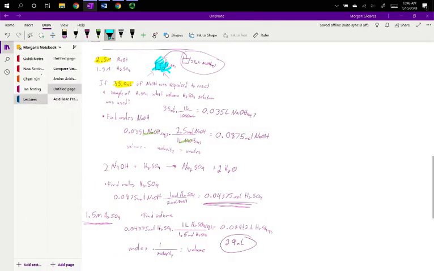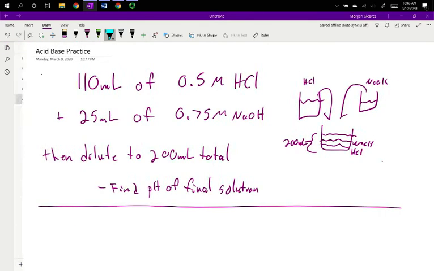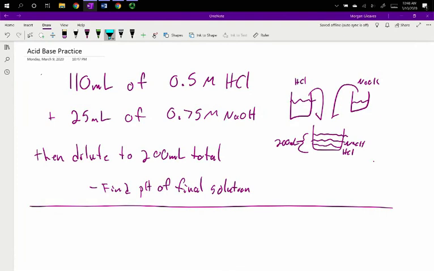Well, let's do a slightly different one. In this one, I have a volume of HCl solution. It's half molar. I have 1 container of hydrochloric acid solution. I have 25 mils of a 0.75 molar sodium hydroxide solution.